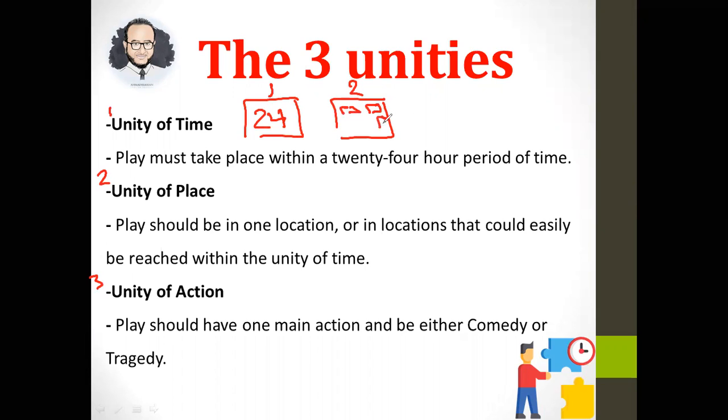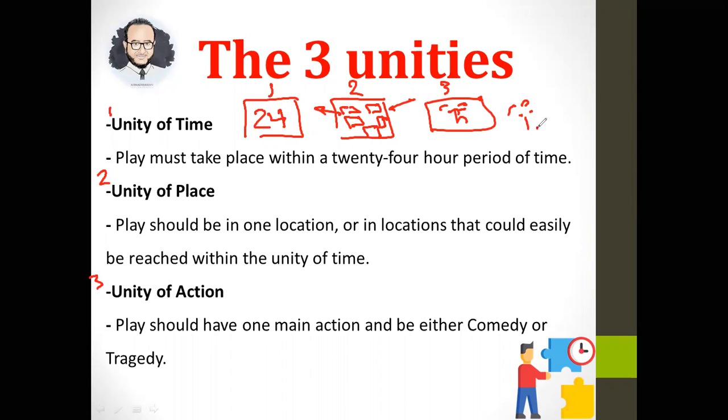Like you're talking about the sitting room, the bedroom, the garden of the house, and maybe all the events happen in one place, just like the living room of the house, and the characters are moving in and out of the same place. Okay, unity of action. I'm talking here about all the events of the story being about maybe tragedy, and you are so sad, or maybe comedy and you are so happy all the time of the play.